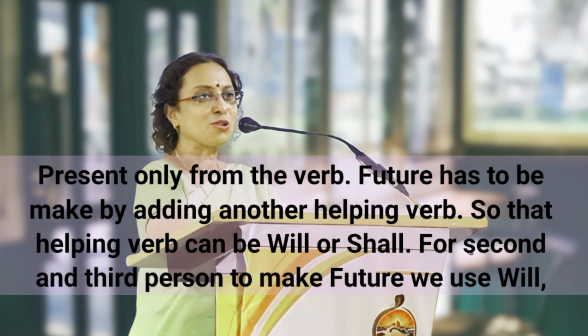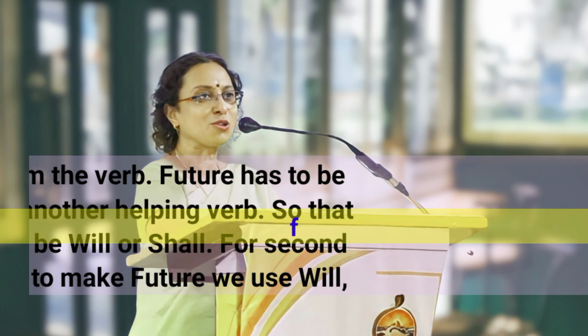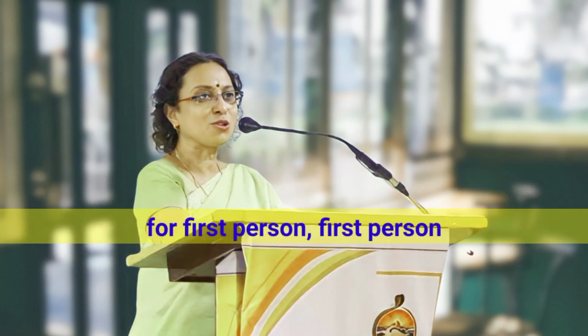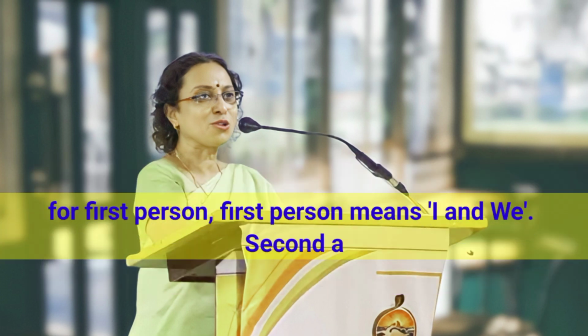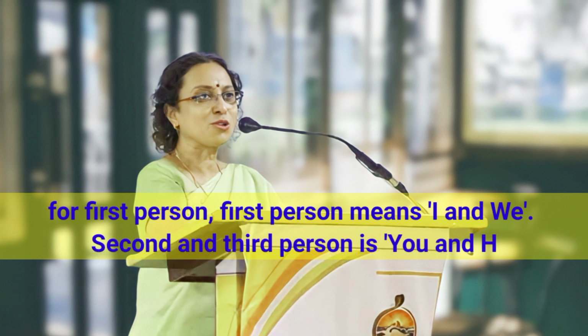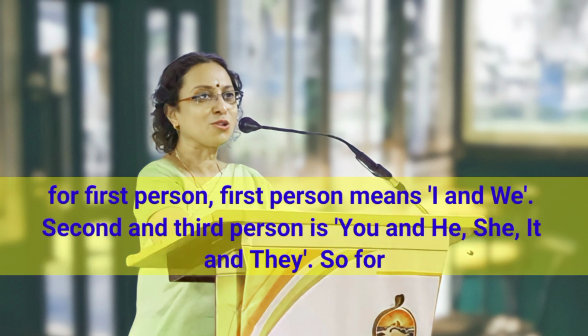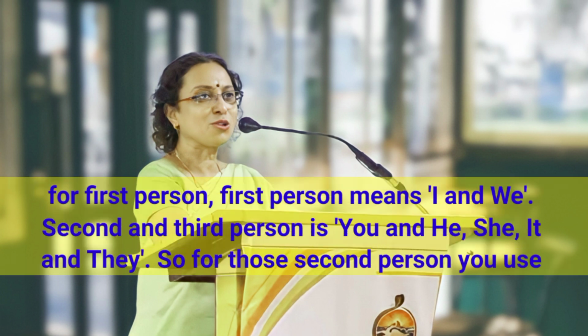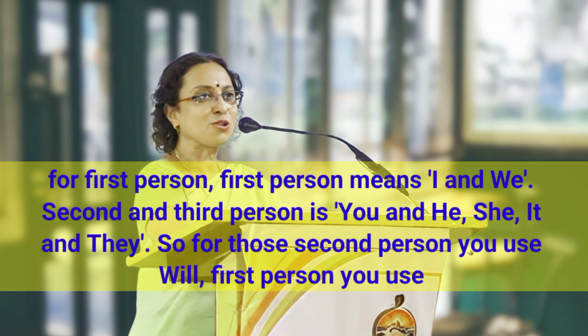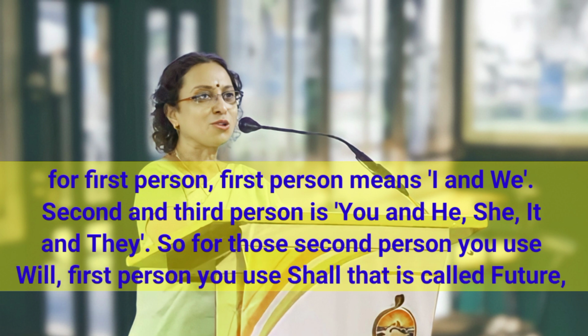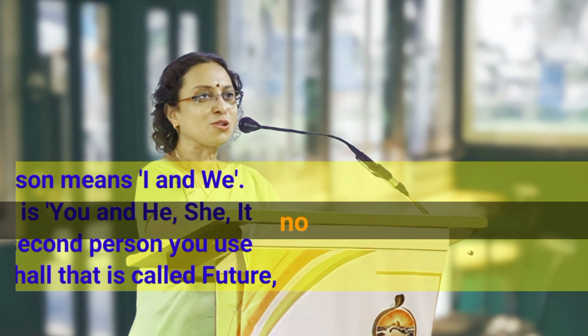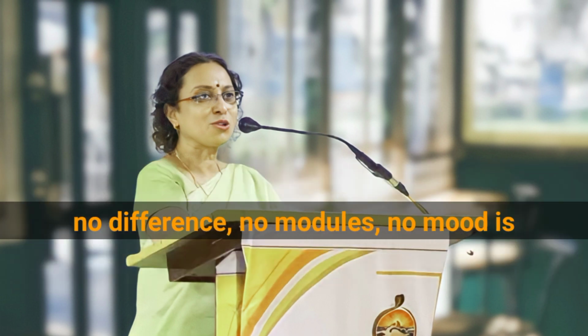For second and third person, to make future, we use will. For first person, that means I and we. Second and third person is you, and he, she, it and they. So for second person you use will, for first person you use shall. That is called future. No difference. No modal, no mood is there.